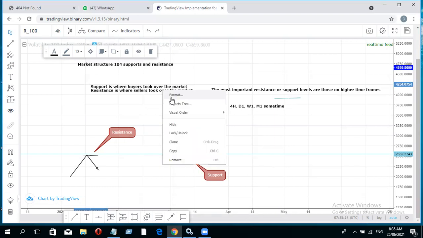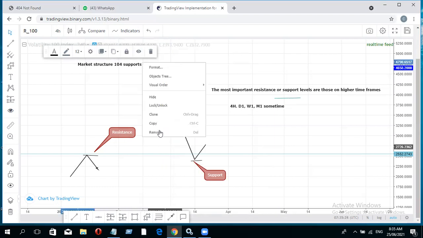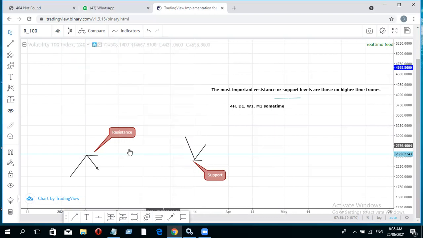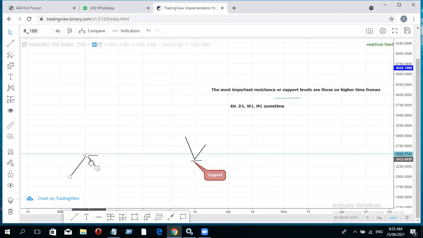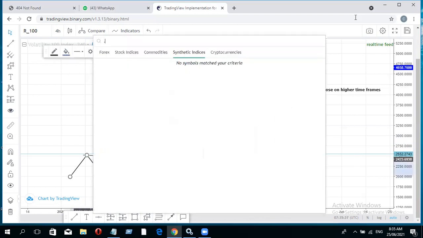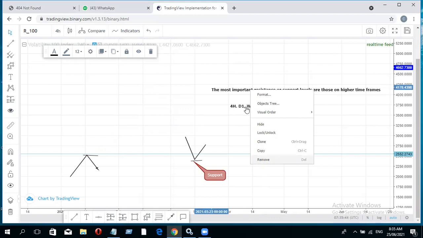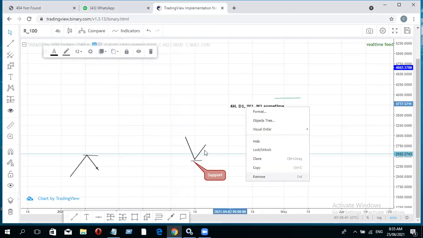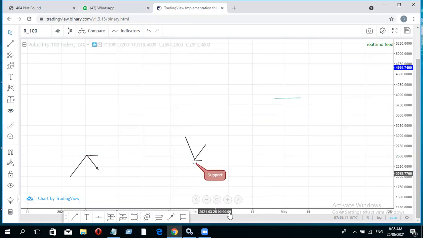Let us look at real charts to understand this perfectly. Let's remove all this so we can go to our real chart. This is a very simple class. I don't want to make it difficult.